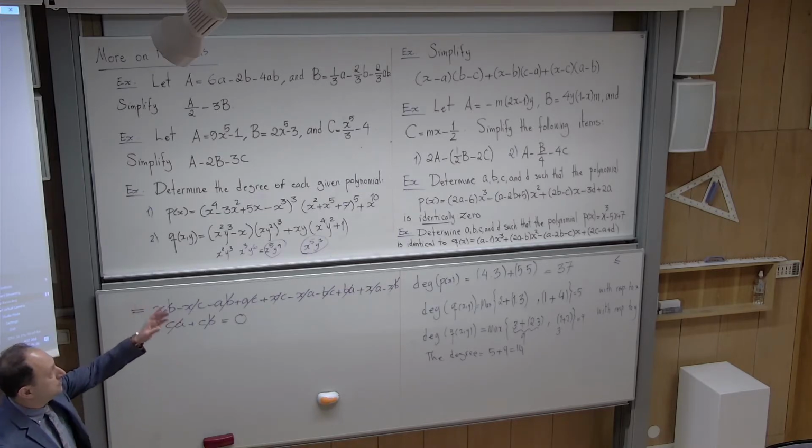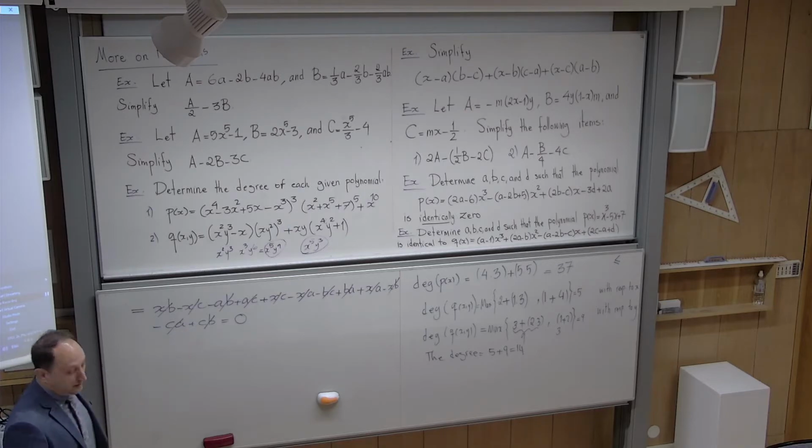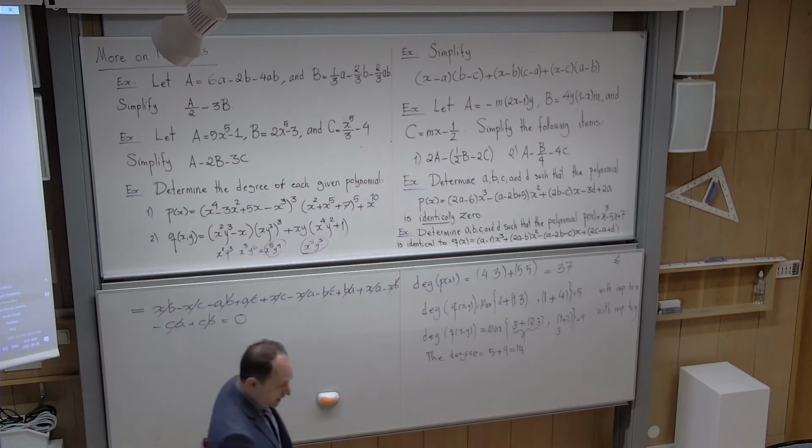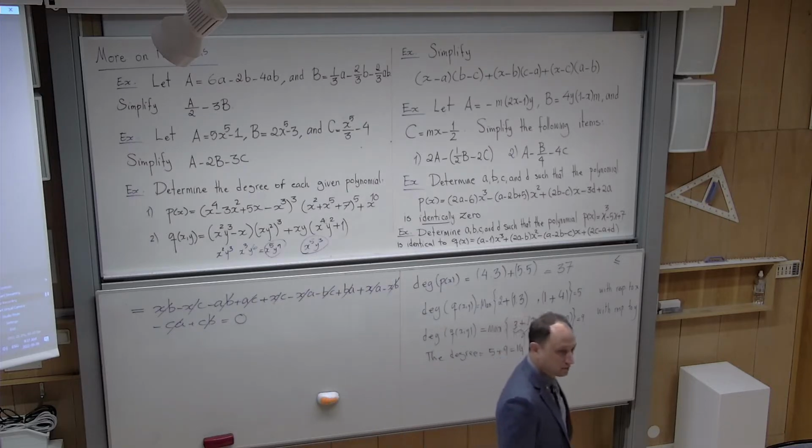Okay, so here, my goal is to teach you a little bit different thing, a little bit deeper idea here. And that is a theorem in algebra called the fundamental theorem of algebra.